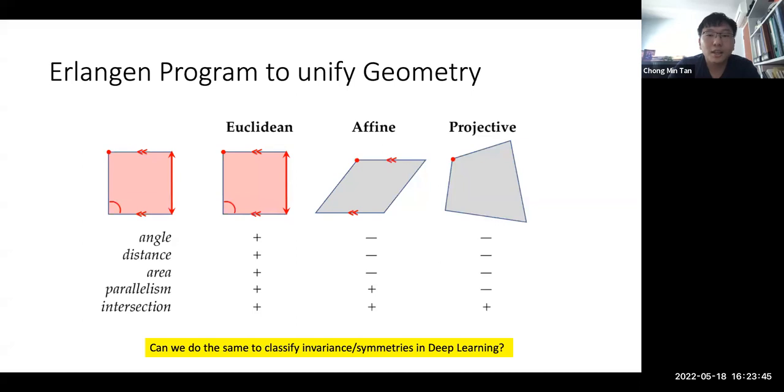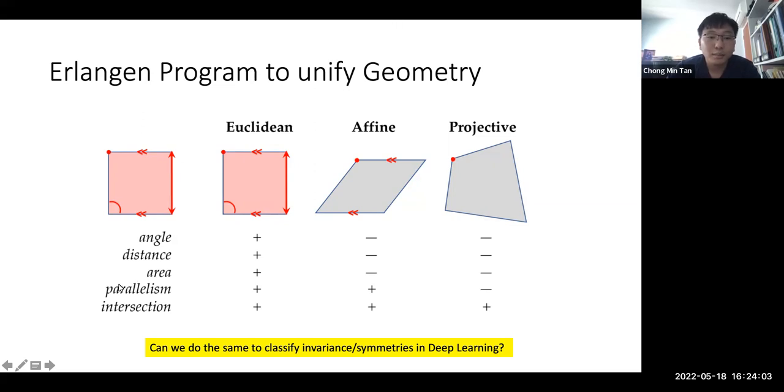So in the past, back when geometry first started, there was basically this guy called Erlangen who created a way to unify different shapes in geometry using some characteristics, for example, angle, distance, area, and so on. Yeah.